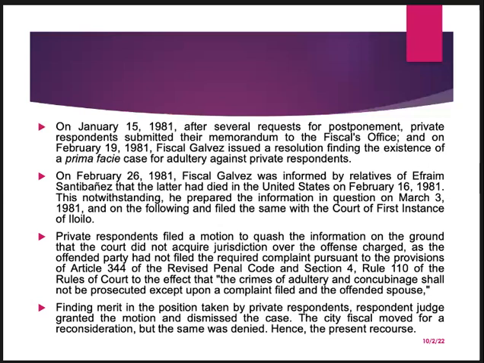Okay? Finding merit in the position taken by the private respondents, respondent Judge granted the motion and dismissed the case. The case was dismissed. So the city fiscal moved for reconsideration, but the same was denied. So the case reached the Supreme Court.